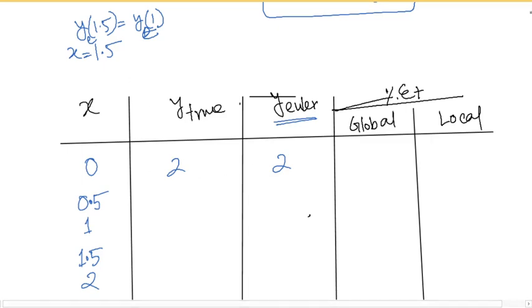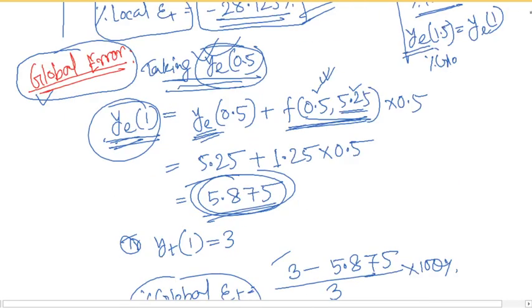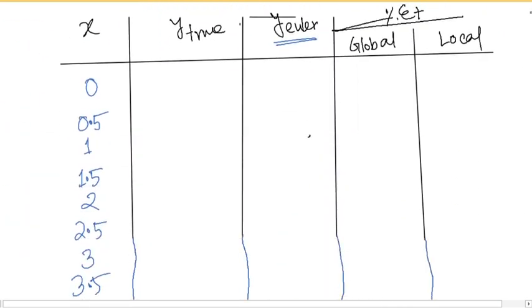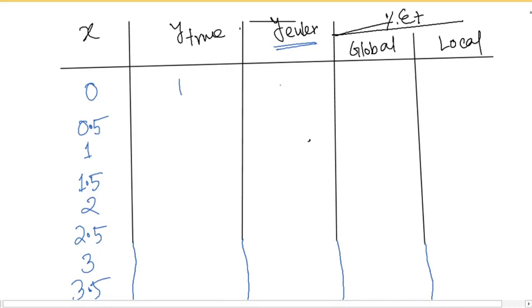Sorry, not 2, this value was actually 1. As we have started at the very beginning, the value was 1 for x equals 0. So we can write y true 1, Euler was also 1 in the very first case. And in the very first case, there was no global or local error, just starting.